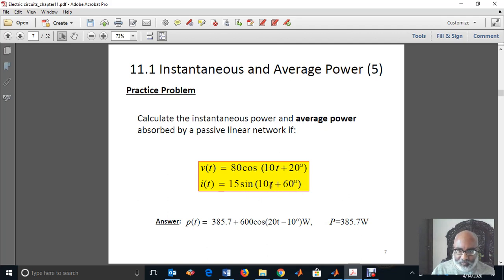So here we have to change this to cosine, so minus 90 degree here, and it will be 15 cosine of 10t minus 30 degree. And then we apply the formula, we can get the average power like this, and the instantaneous power given by this.